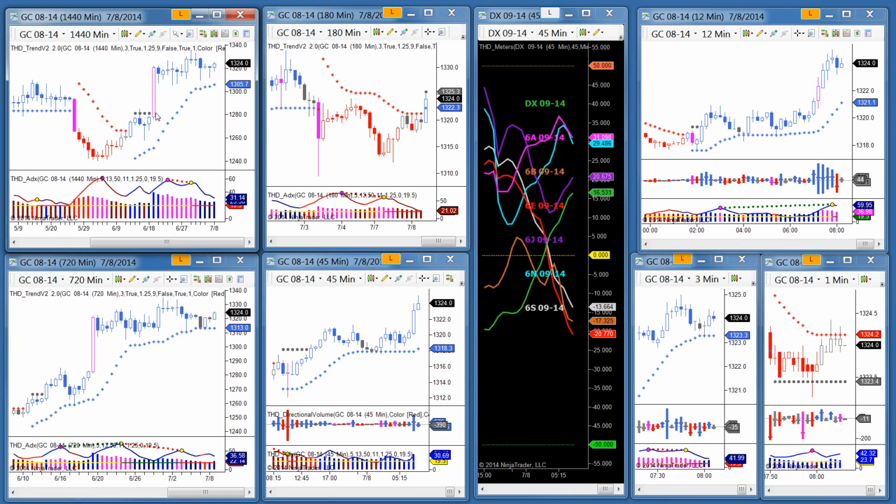Anytime you see the congestion dots, you can anticipate a touch of the congestion dot and then a retracement back to the ATR. The reason that happens is traders are trying to find an area that will support price to either go up or for price to come down.